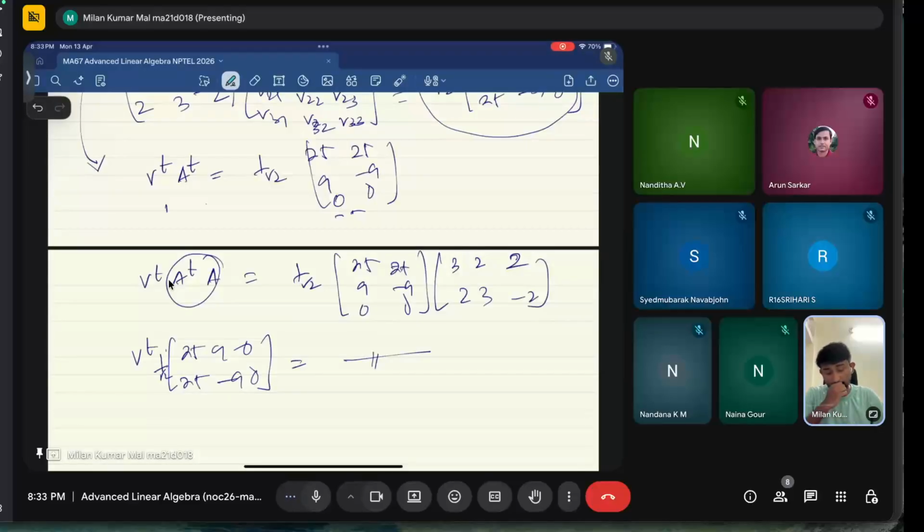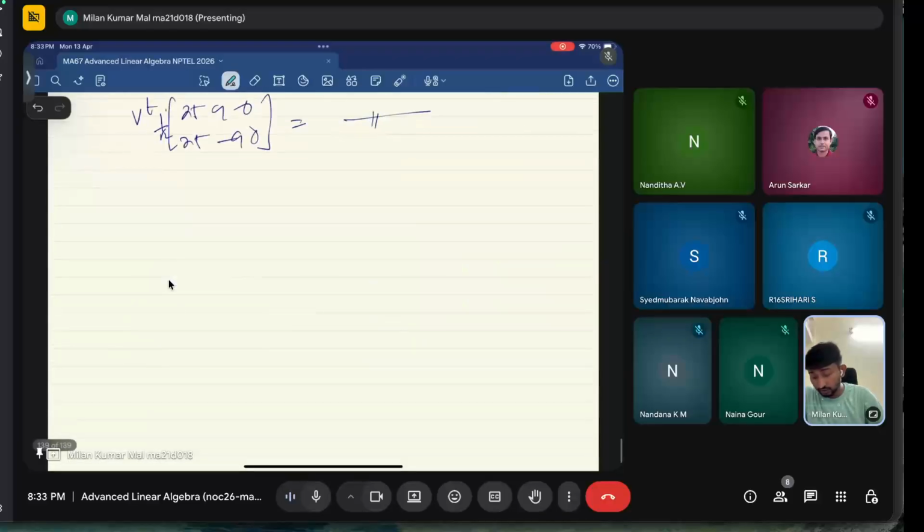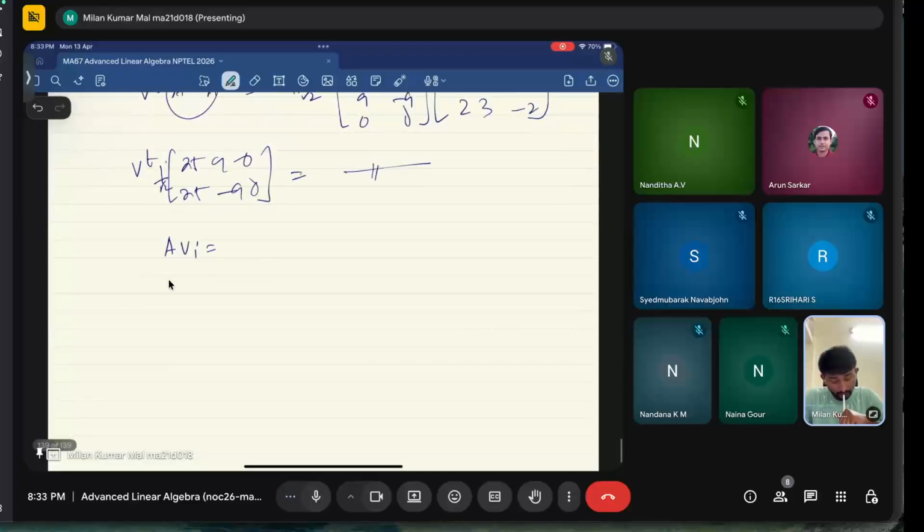So from here, okay, so let me write this one. There is another formula, from here you can get AVi, sorry, from here you can get that Vi is actually equal to 1 by square root of whatever there it is. I am trying to find this one.